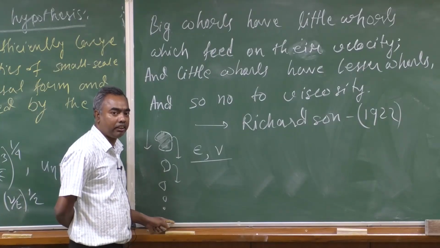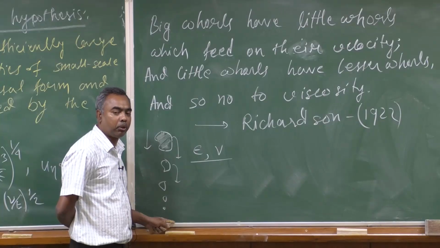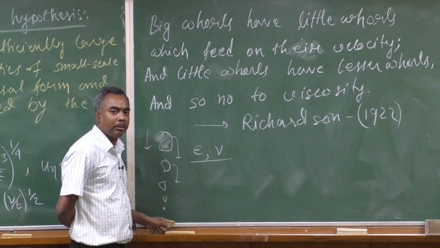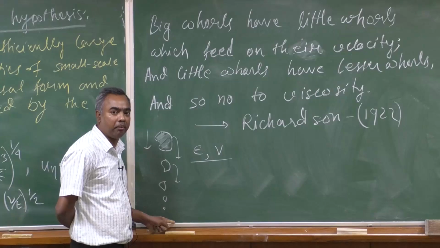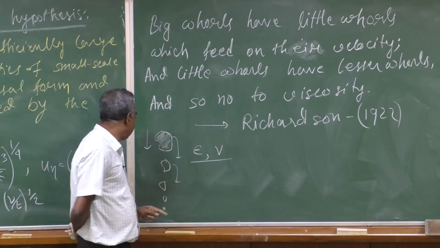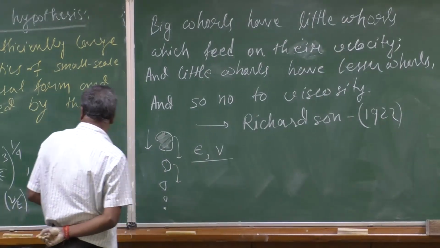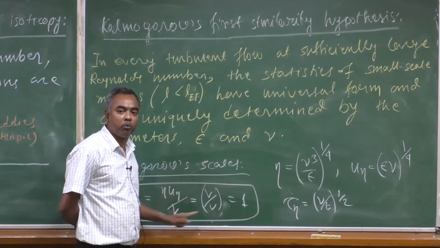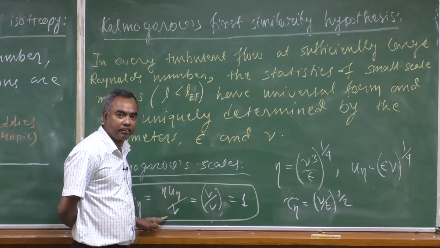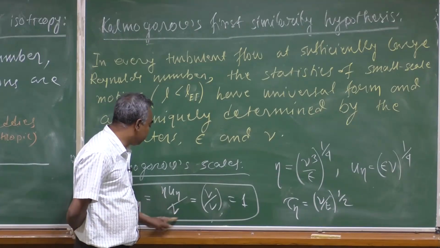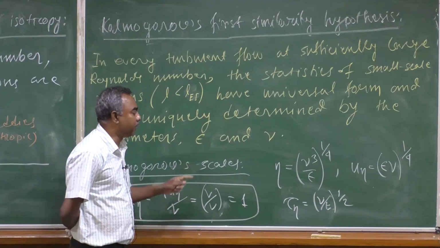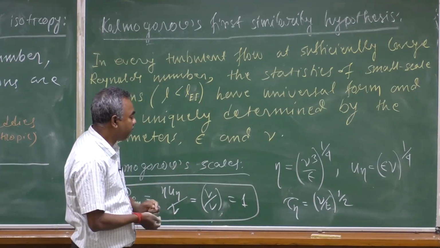Your viscous effects are going to dominate, because Reynolds number is defined as inertia force by viscous force. Since the Reynolds number is reducing, your viscous force is dominating, okay. So, here Reynolds number is 1, which means viscous force is really dominating in this case. That means these are the scales where dissipation is going to happen, okay.